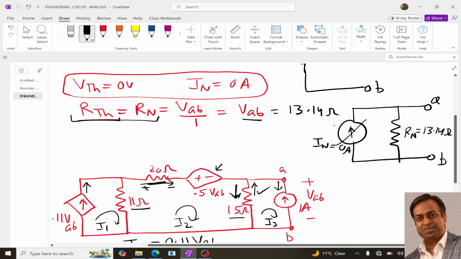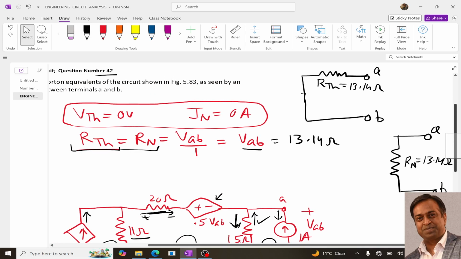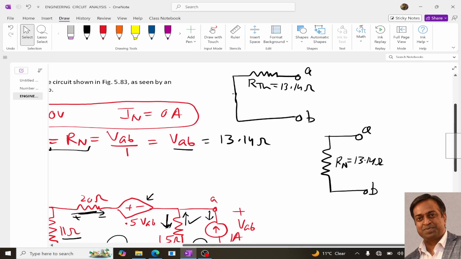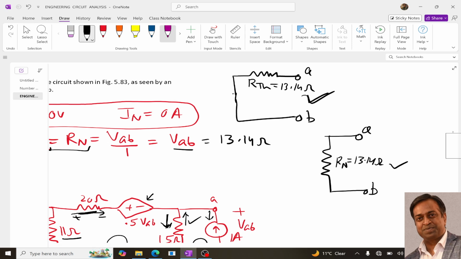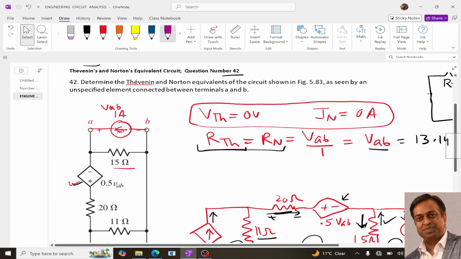So we can simply remove this, and as we remove this, it will become an open circuit. So simply our circuit will be somewhat like this. You can then compare that this Thevenin and this Norton are both exactly the same, because VTH and In are 0. So this is about this particular problem.